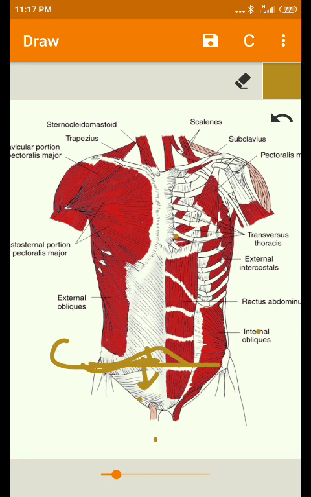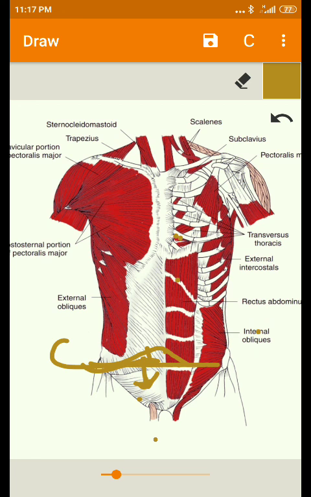So the transverse thoracic along with the abdominal muscles helps in expiration. In the supine position, the transverse thoracic muscle as well as the abdominal muscles are electrically silent. Only the gravitational force acts as an accessory force for ventilation in supine position. Okay, this is about the accessory muscles for ventilation.